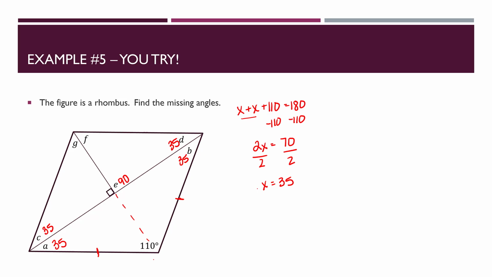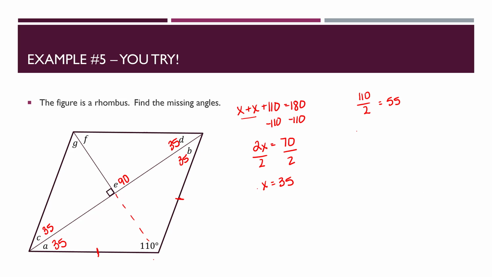And then finally, to find F and G, you could do a few different things based on what we have. We could use the triangle sum theorem to find F. We could also take 110 degrees and divide it in half, just like I have that dashed in diagonal there, dividing that 110 in half. So we could do 110 divided by 2 equals 55.